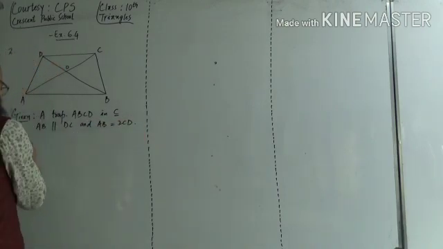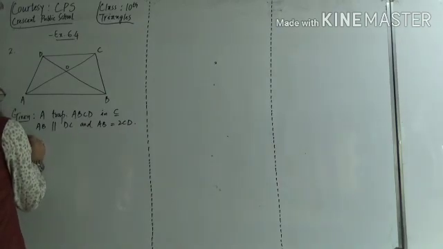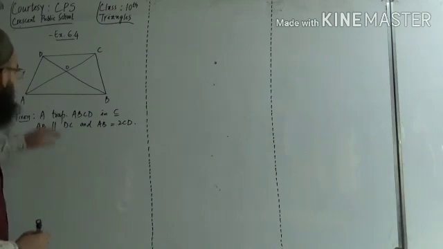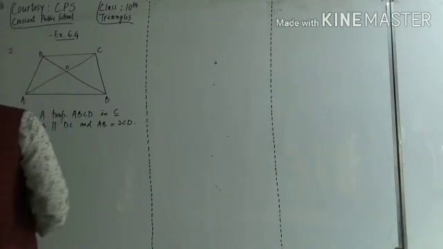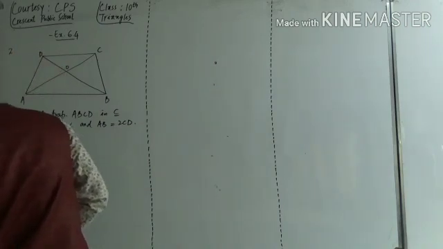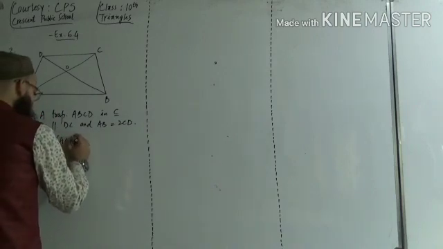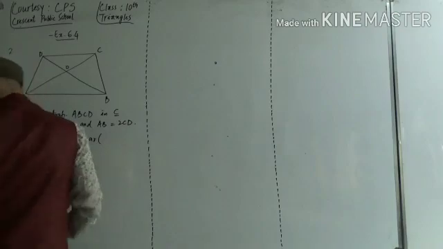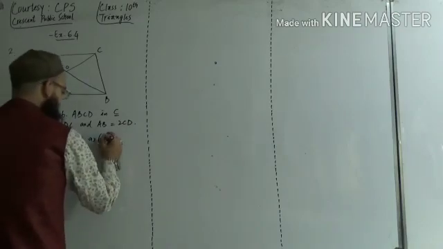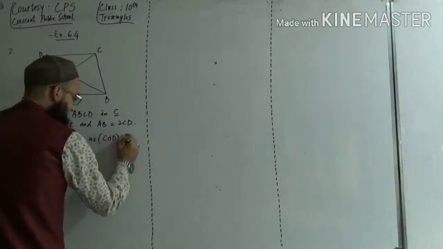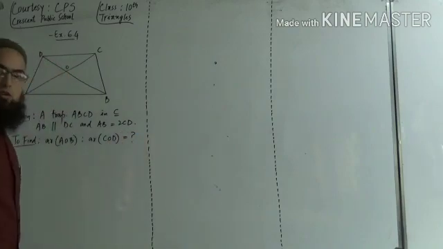This is given. To find, you need to find the ratio of areas of these two triangles. So we have area of AOB is to area of COD. This is what you are going to find.